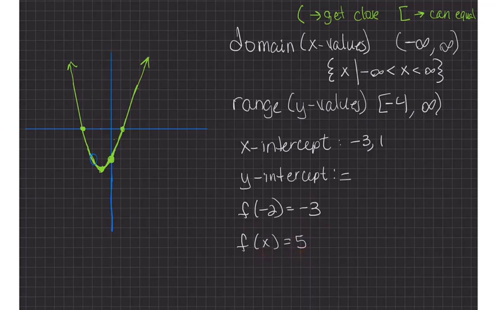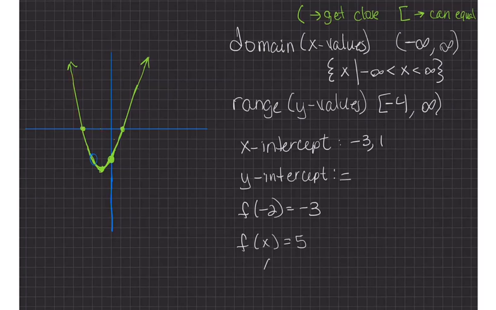So when my y is 5, 1, 2, 3, 4, 5. So here's when y is 5. I'm going to look at my graph. Where am I at 5? I'm at 5 here, and I'm at 5 right here. So I just need to find those two x values. Right there, what is that going to be? Negative 1, 2, 3, 4.